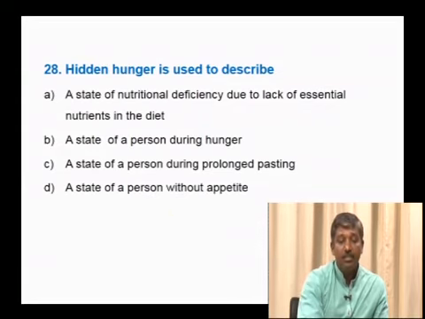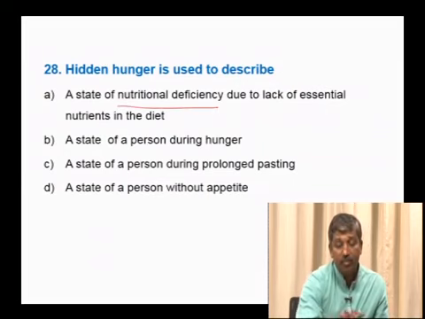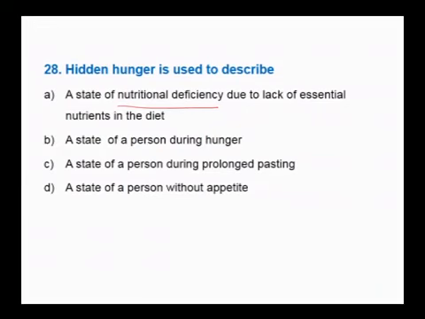See, hidden hunger does not mean the hungry status of an individual. Hidden hunger means a state of nutritional deficiency. A person may think he is taking food sufficiently, but that food lacks essential nutrients, which results in hidden hunger. Hence, it is a state of nutritional deficiency due to lack of essential nutrients in the diet.